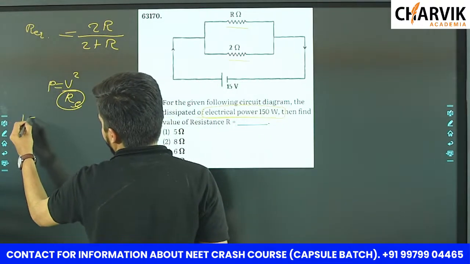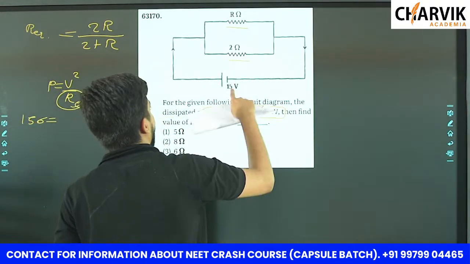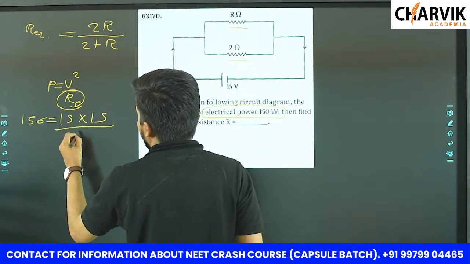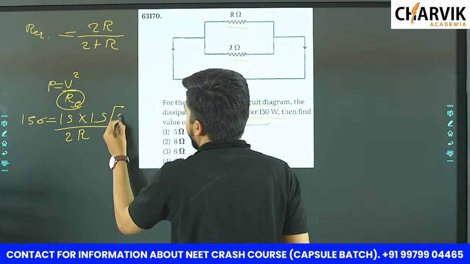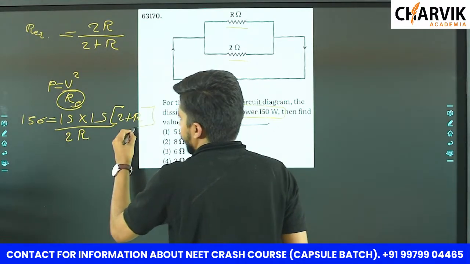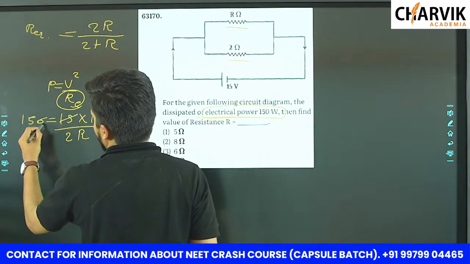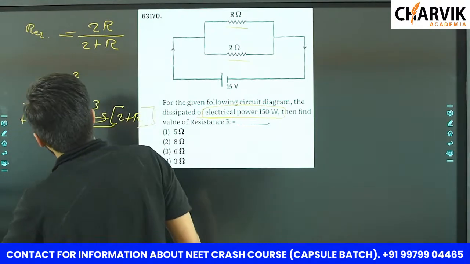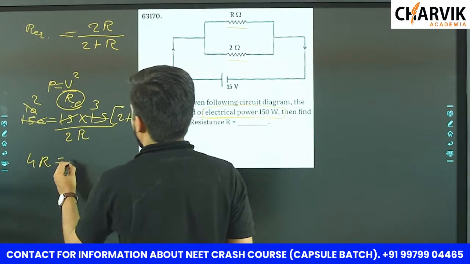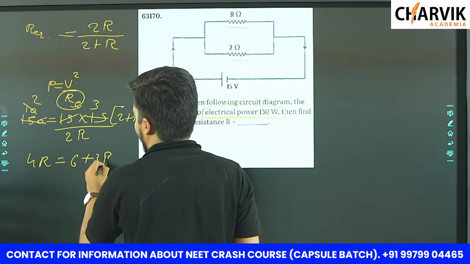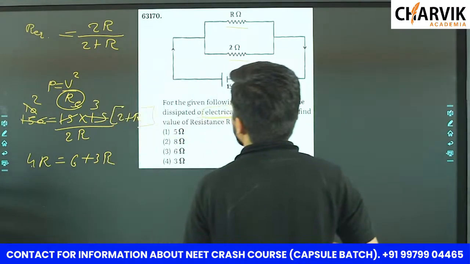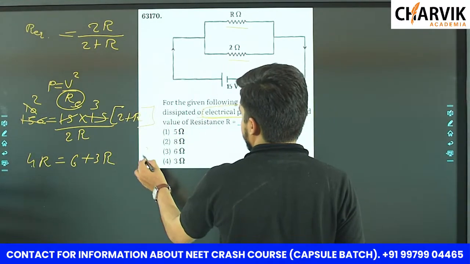Power is 150. 150 is equal to the square of the voltage, which is 15 into 15, divided by R equivalent, which is 2R divided by 2 plus R, so 2 plus R comes in the numerator. Again, this 15 cancels out with the 150, and this becomes 10. 5 2s are 10, 5 3s are 15. So it becomes 4R is equal to 6 plus 3R. So it will become 4R minus 3R, and after solving this equation, you will get the answer 6 ohm.